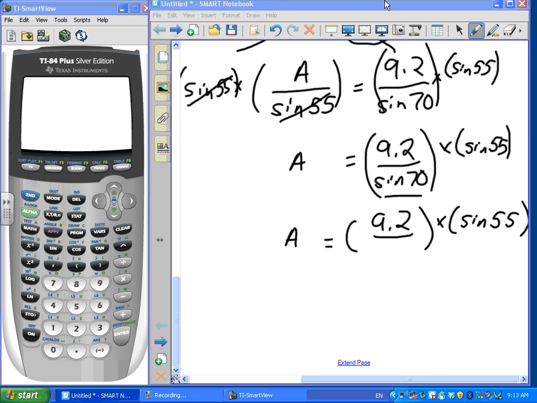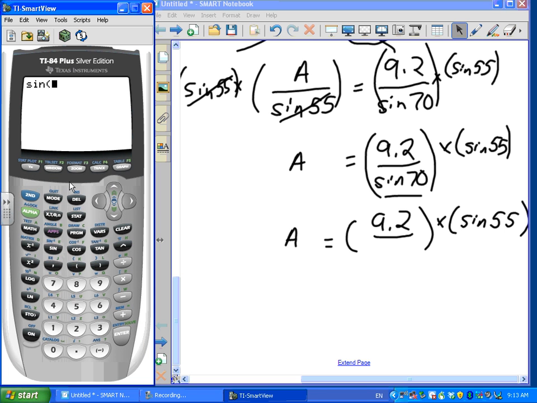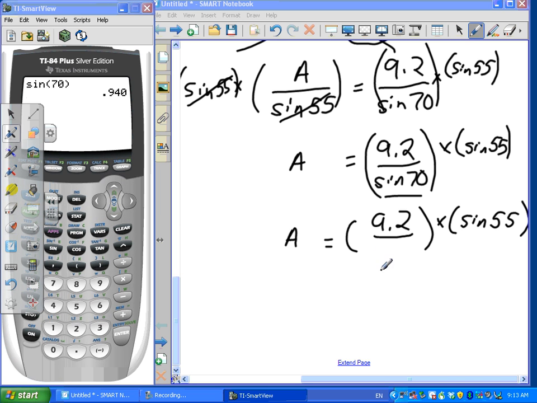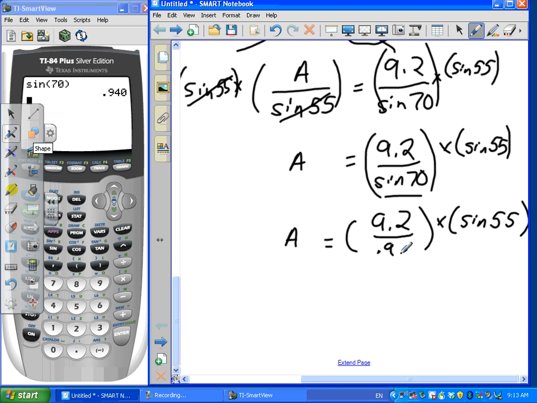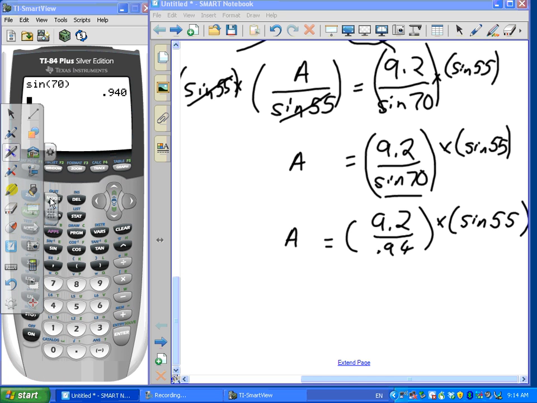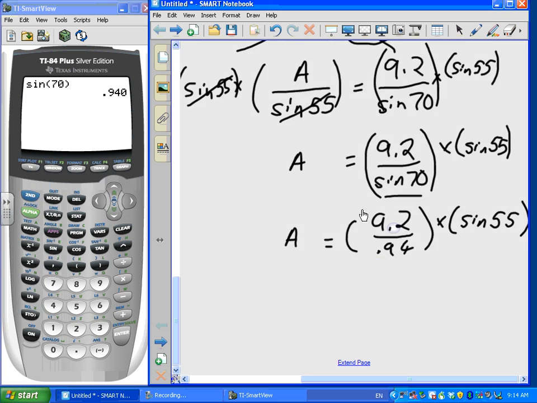On the calculator I have right here, let's take a look. On this calculator, I hit sine first. If your calculator shows the word sine, then you're going to be pushing sine first, and then the numbers after. So I push 70 and enter. 0.94. Okay? So sine 70 is 0.94. The next thing I'm going to do is solve for this bracket here.